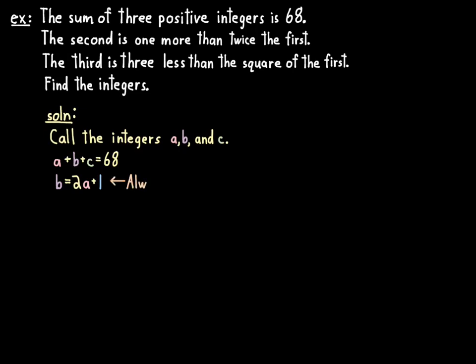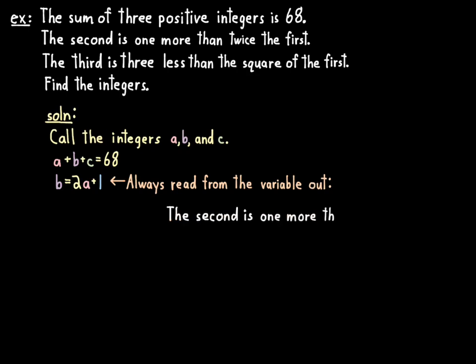Now I wrote this out for you graphically so you can see if you're reading it later. So always read from the variable out, meaning the variable on the right side of your equation. So I just rewrote the sentence.